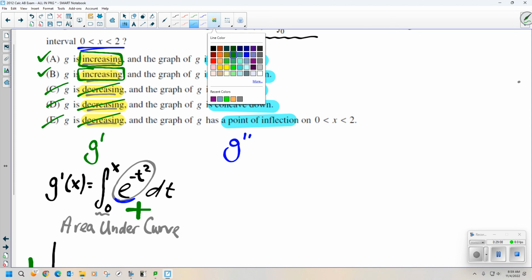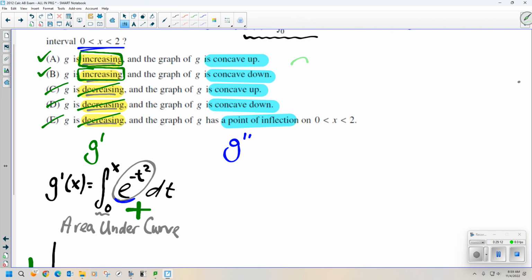Let's go with a nice mint green. That's pretty. Hopefully you can see that well. In order to get the second derivative, I need to take the derivative of the first derivative. And the first derivative is our integral from 0 to x of e to the negative t squared dt.